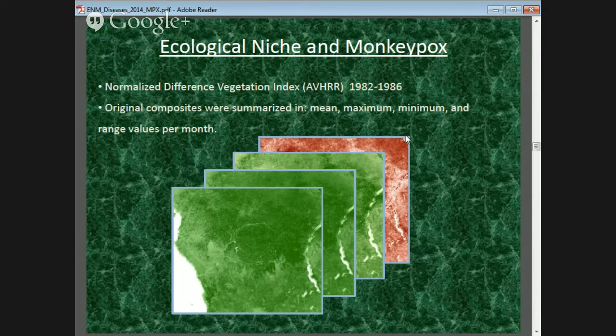And so we obtained biweekly data for the years between 1982 and 1986, and summarized it into composites that represent monthly means, maximum, minimum, and range values for this period of time.